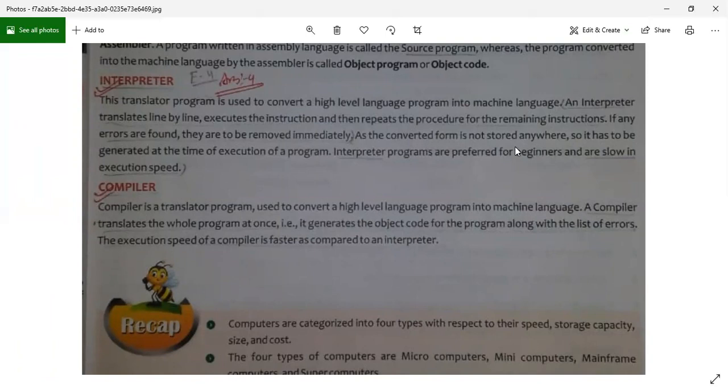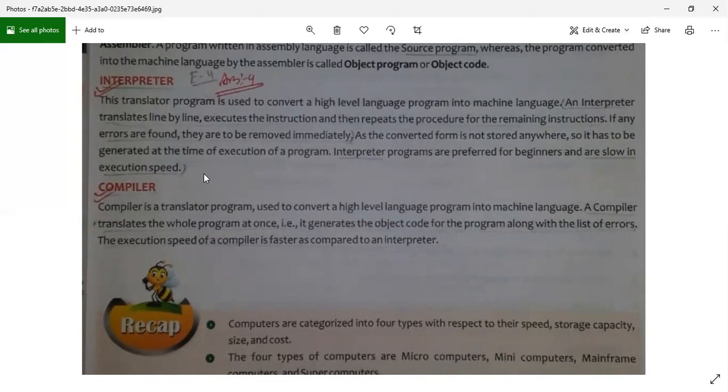So my machine language program will be created when I execute my program. Interpreter programs are preferred for beginners and are slow in execution speed. They are only used for new programmers and new programming languages, because they are also very slow to run.